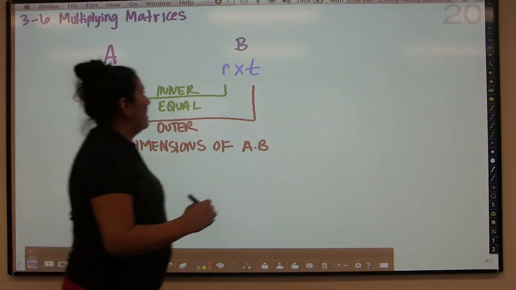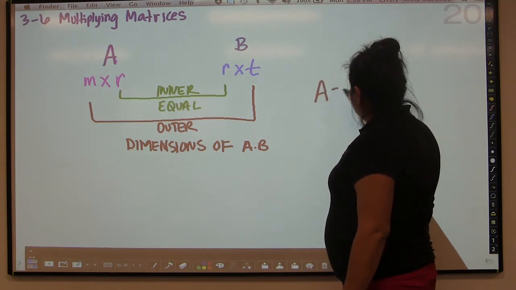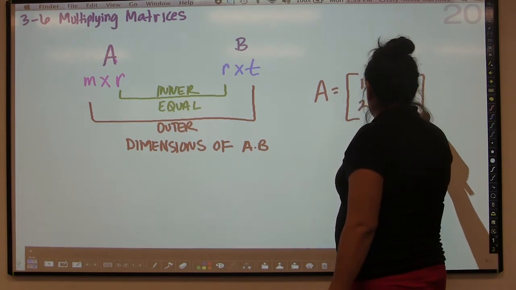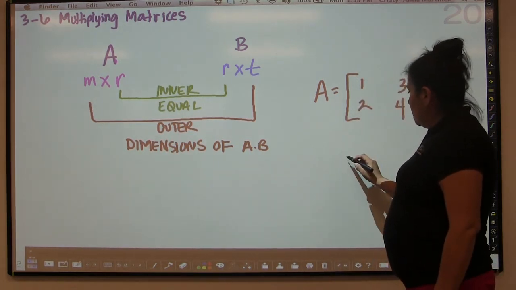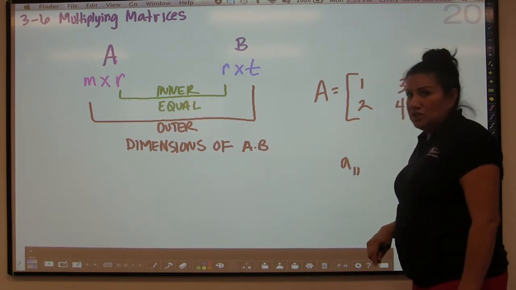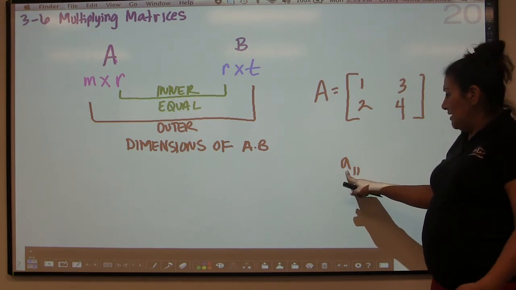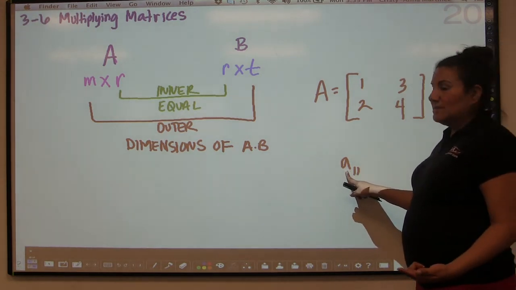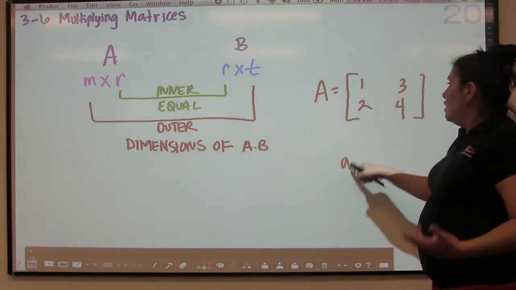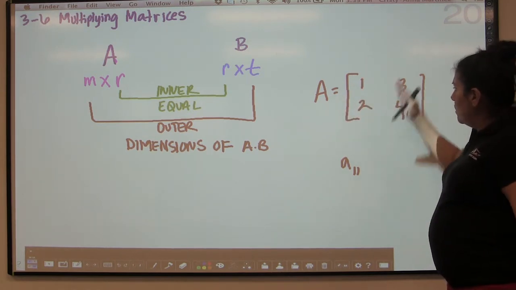I also want to let you know that we have notation for the elements in each matrix. For example, if I say this is my A matrix, let's just be really creative here, 1, 2, 3, 4, then A1,1 notation tells you that the little a represents an element that is inside of matrix A. So capital A goes with little a, capital B with little b, capital C, and so on. This matrix has 4 elements, and this is row 1, row 2, column 1, column 2.